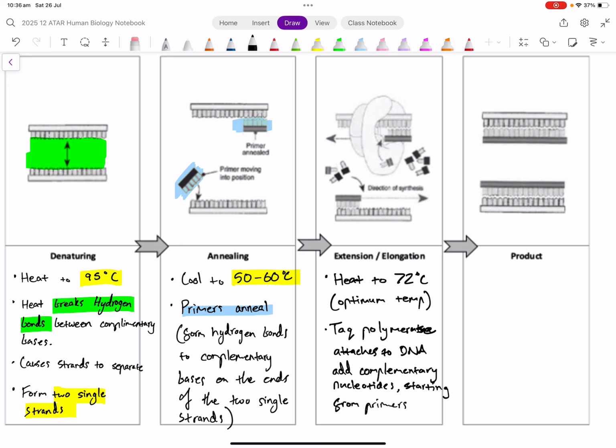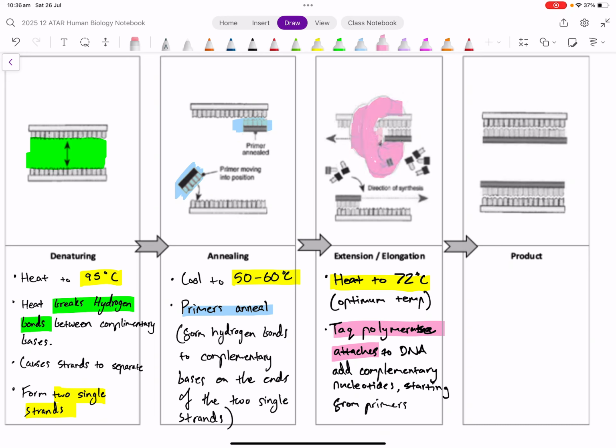So let's break this down, let's highlight some of these key components. So first of all, I'm going to try and keep all the temperatures in the same color, so we start by heating to 72 degrees Celsius. Our second key part here is the Taq polymerase attaching. Now, in this diagram, you can see this Taq polymerase wrapping itself around the DNA strand itself.